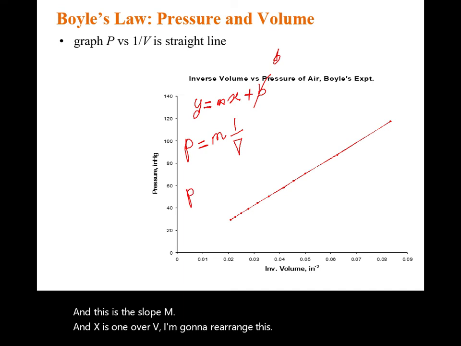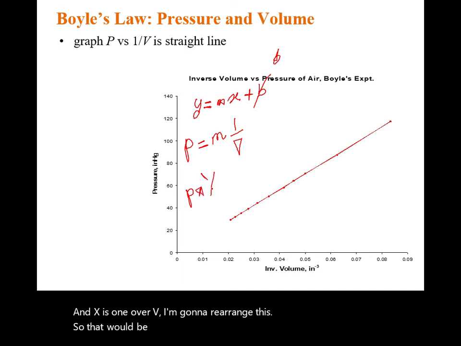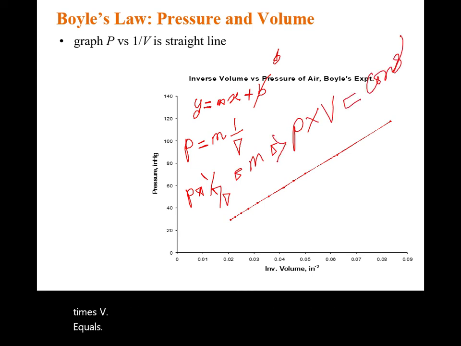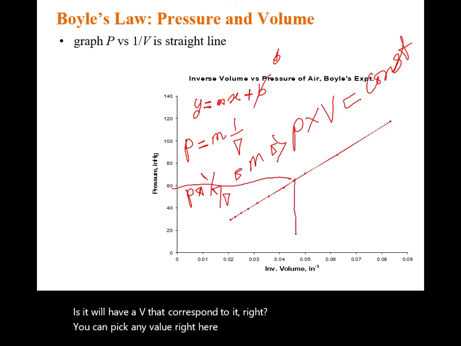So that would be P times 1 over V equals m, which gives P times V equals a constant. And since the slope is constant, no matter what the value of P is, it will have a V that corresponds to it, right? You can pick any value right here and find the corresponding V.